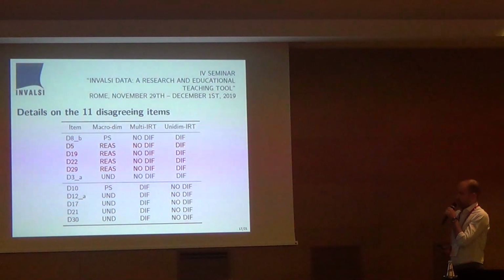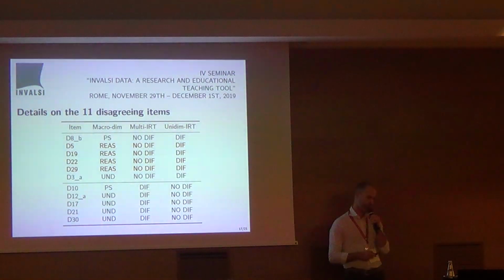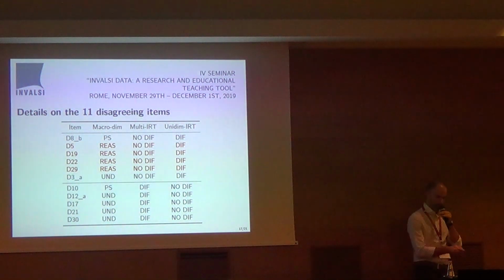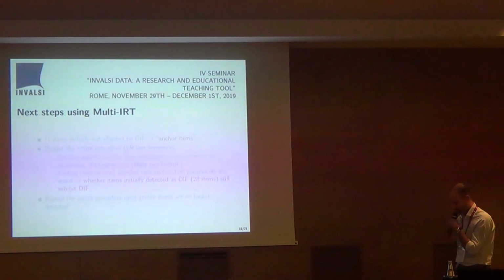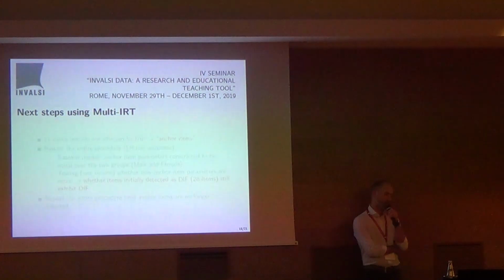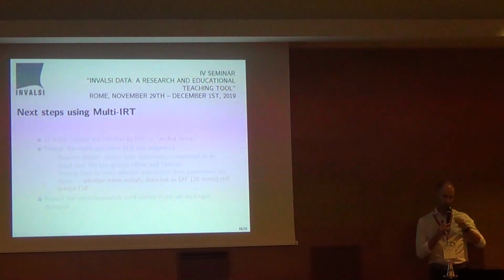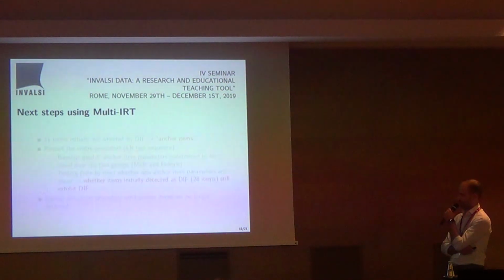Okay, the first step of the analysis could stop here, because we have analyzed the agreement between methods based on different assumptions, but we can go on and look at the magnitude of the differential item functioning for the items.